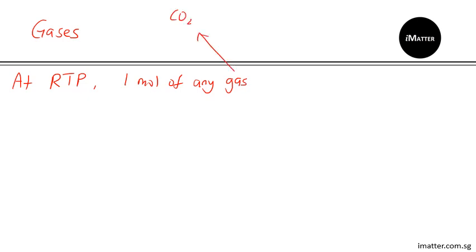Now, here I touch on another important subtopic about gases. And guys, hopefully you remember this golden rule. At RTP, which stands for room temperature and pressure, 1 mole of any gas, and we do mean any gas, CO2, typically in gaseous form, but of course sometimes it's necessary for you to check the conditions whether that substance is existing as a gas.